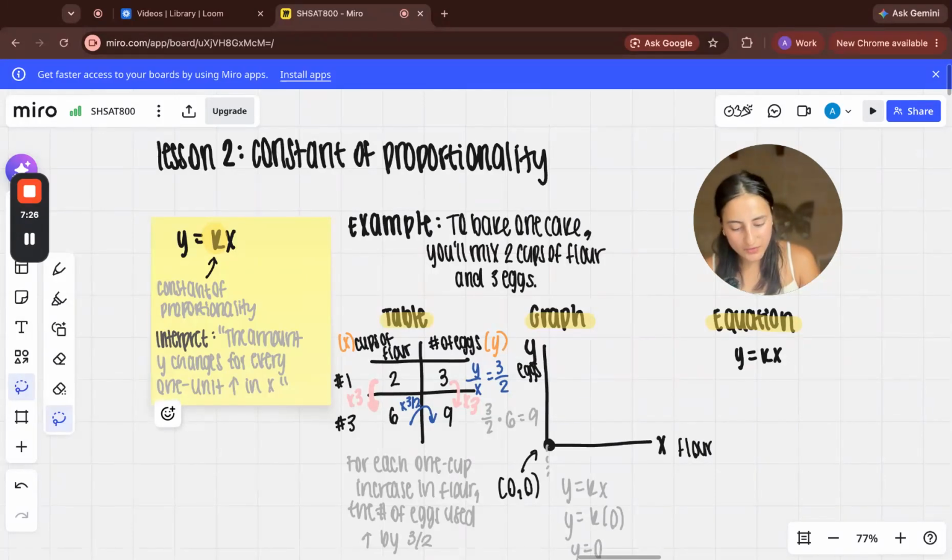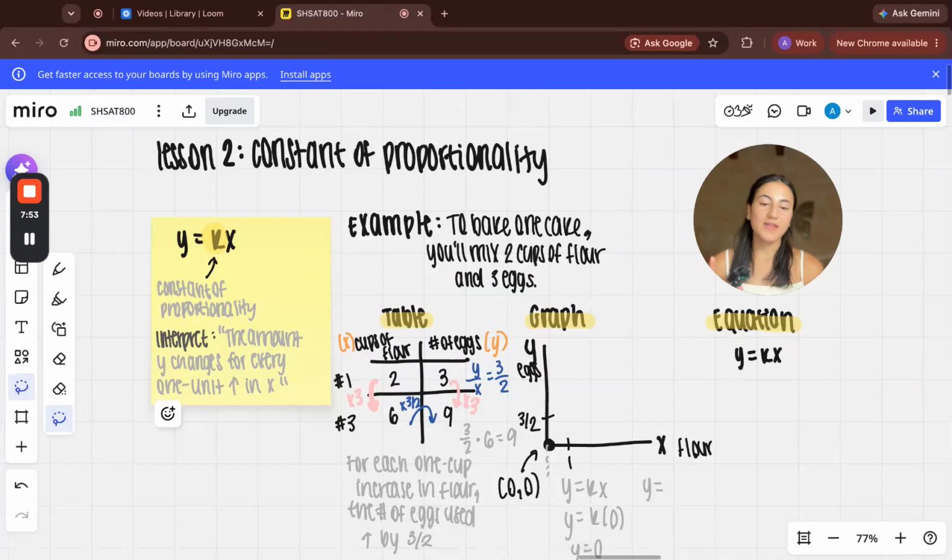And then from there, if we wanted to graph this out, we would think, okay, if x is equal to 1, this is for the eggs. Oh, I think we're kind of cut off here, so I'll just move this a little bit. y is going to be equal to 3 halves. We can find all these coordinate points by plugging in.